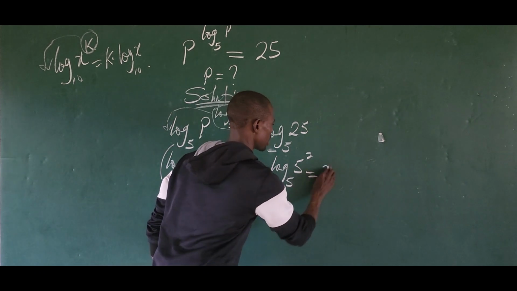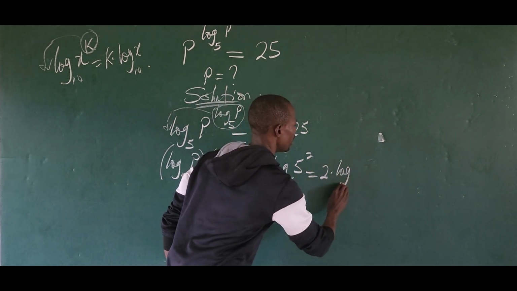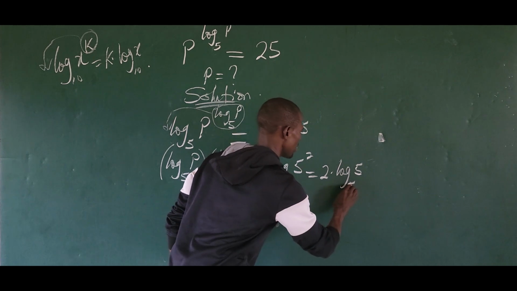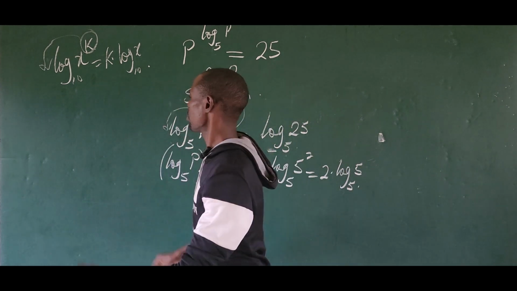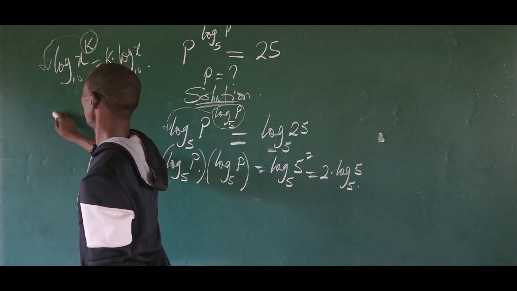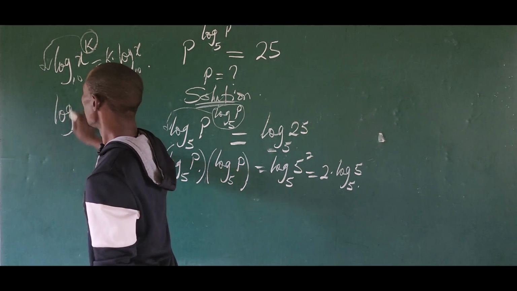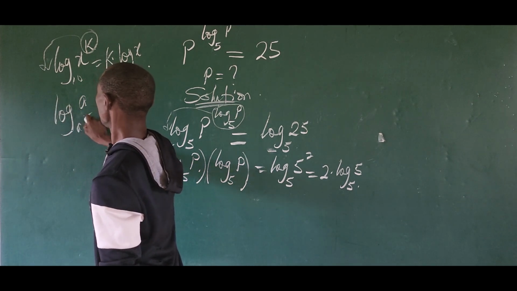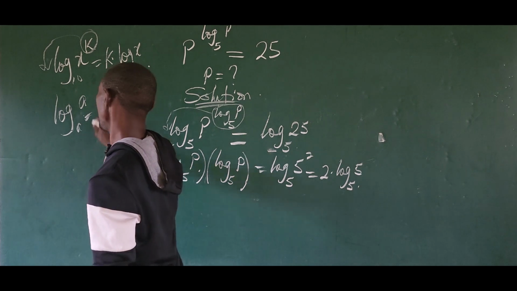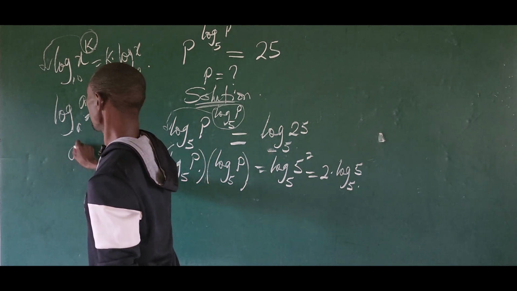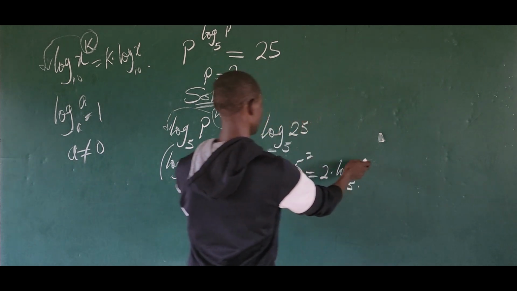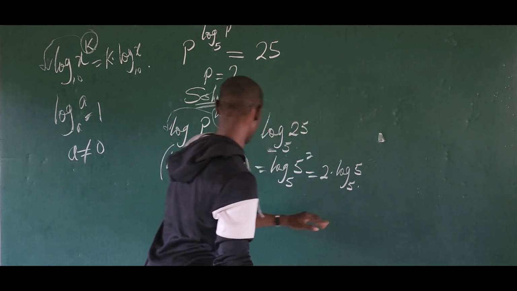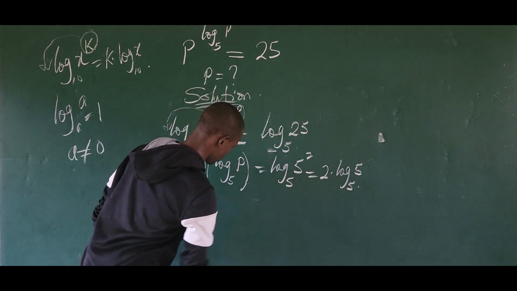This is going to give us 2 times log 5 base 5. So we're having log 5 base itself, and there is a law to that effect. It says that when you have log a base a, this is equal to 1, provided that a is not equal to 0. And so the whole of this will give us 1. So 2 times 1 will give us 2.